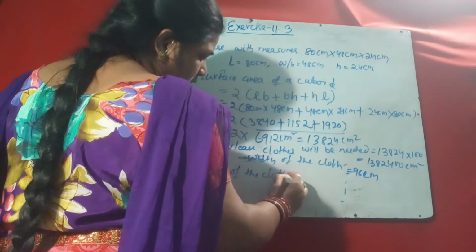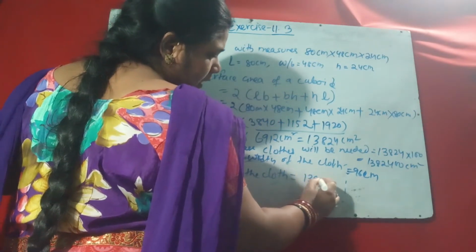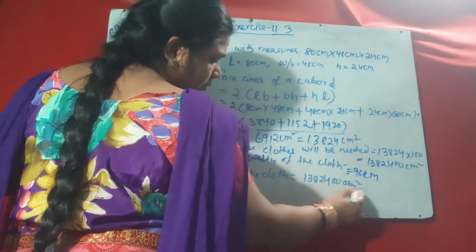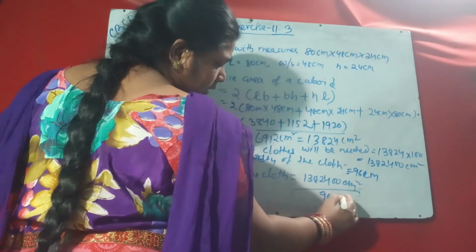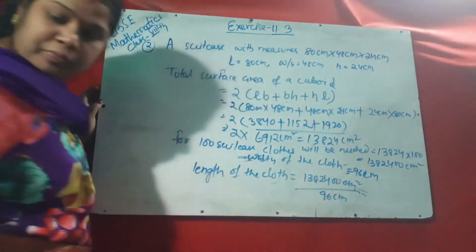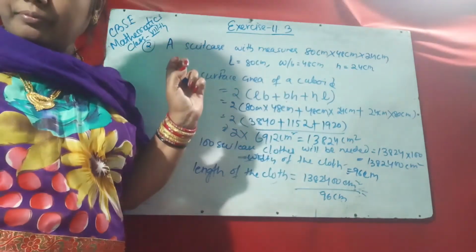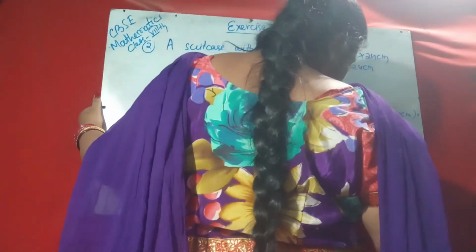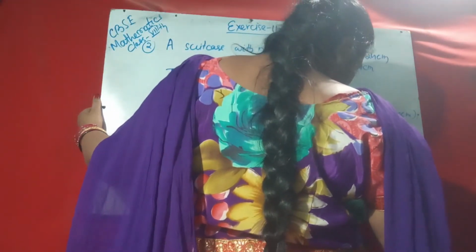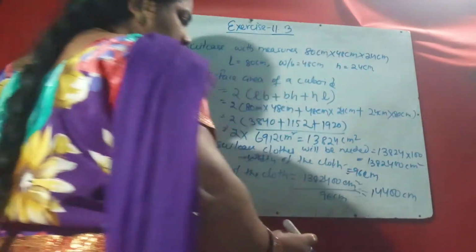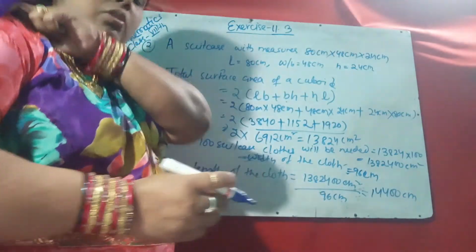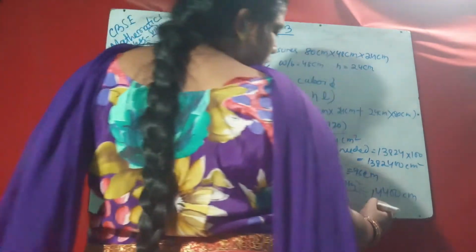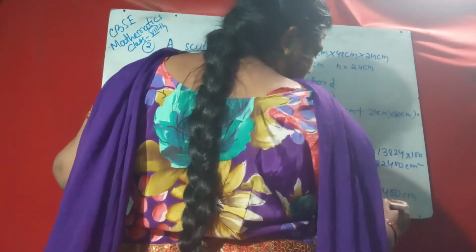Length of the cloth equals 1382400 centimeter square divided by 96 centimeter, which equals 14400 centimeter, or 144 meter if you convert it into meters.